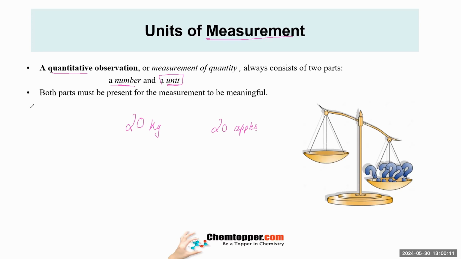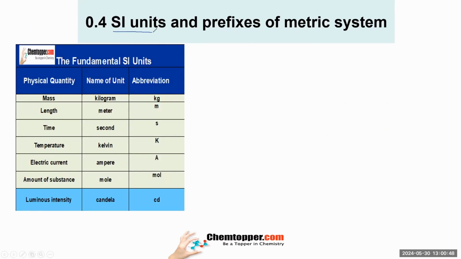SI units, the standard international units, are the fundamental or basic units. There are 7 of them and we have to practice these 7 basic units because the rest of the units are derived from them.